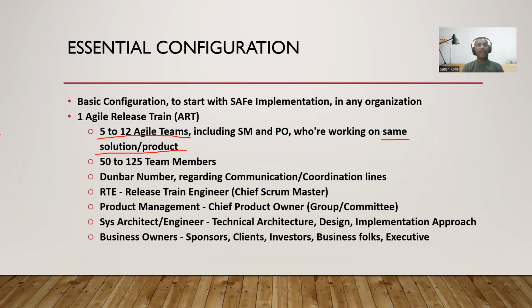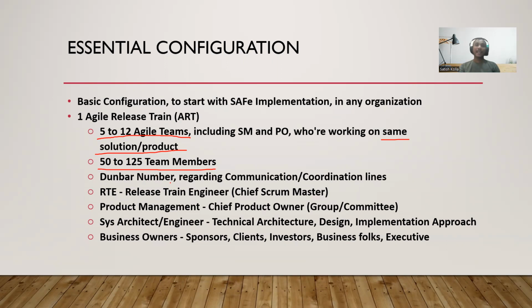When we say 5 to 12 agile teams, it might convert into 50 to 125 team members. We know that each team has a limited set of team members, so when we do the conversion, it could come to 50 to 125 team members. Why 5 to 12 teams, or why 50 to 125? That is based upon the Dunbar number, which shows how coordination and communication happen between individuals within a group, within the program, within the implementation.